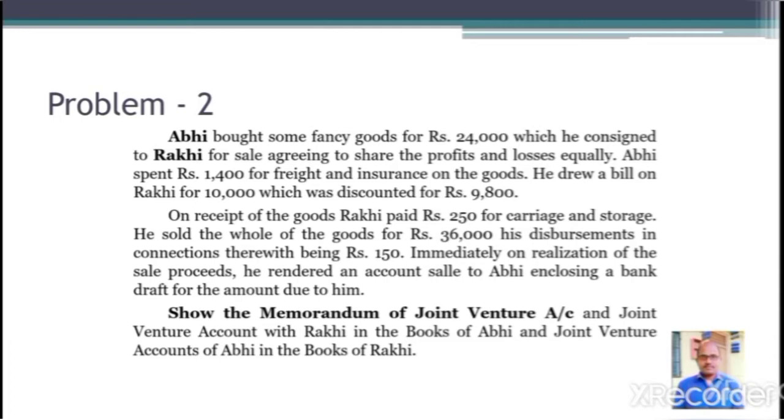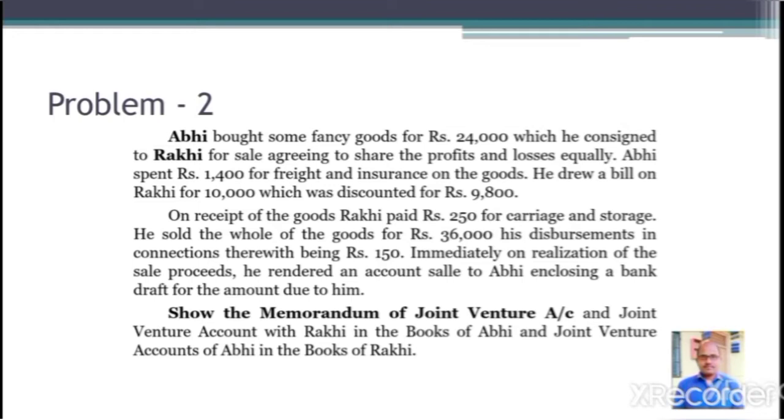Abhi bought some fancy goods for rupees 24,000 which he consigned to Raki for sale and agreed to share the profit and losses equally. Abhi spent rupees 1,500 for freight and insurance on the goods. He drew a bill on Raki for 10,000 which was discounted for rupees 9,800. On receipt of the goods, Raki paid rupees 250 for carriage and storage.